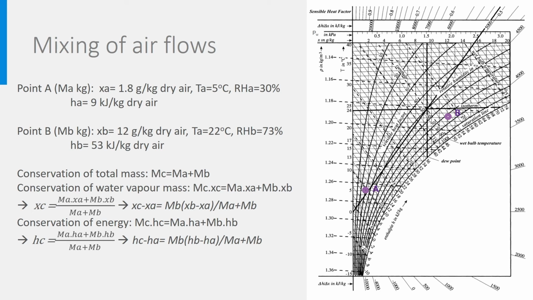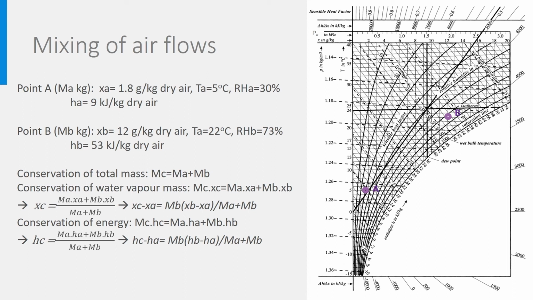Conservation of water vapor mass gives MC times XC equals MA times XA plus MB times XB. By combining both equations, it appears that XC will be the barycenter of the line XA-XB with weights MA and MB, which means that graphical determination is very easy.